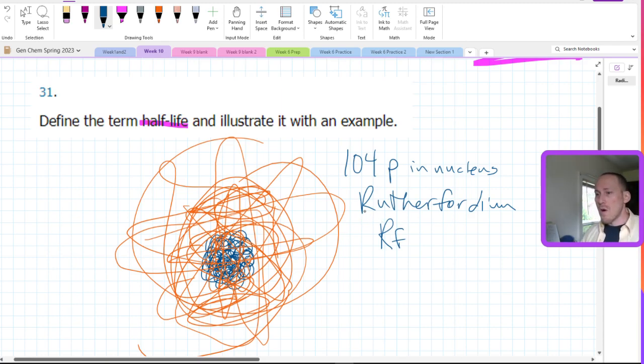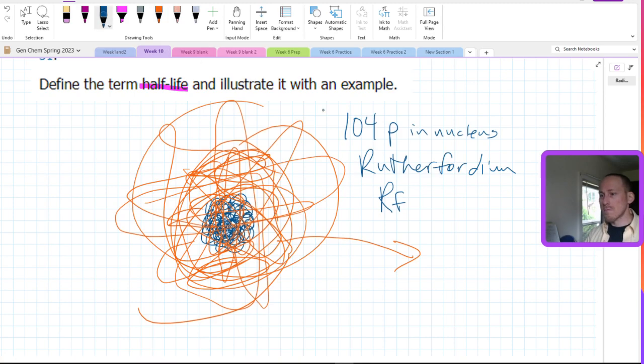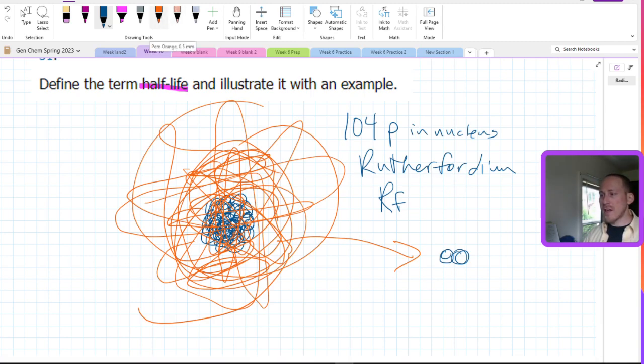So you have this atom of Rutherfordium, and every so often it's going to shoot off maybe an alpha particle. There you go. 2 protons just shot off. And now it's no longer Rutherfordium. Now it is 102 of those.